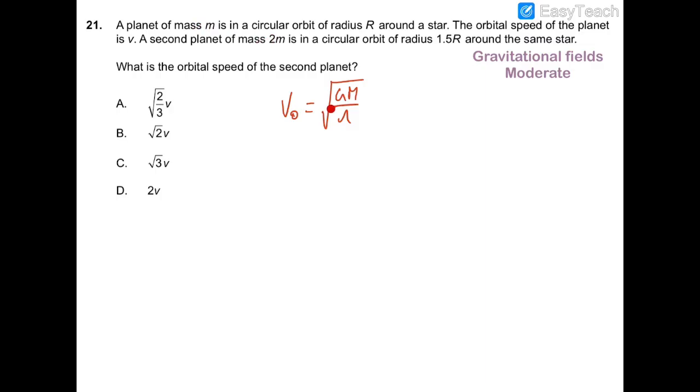But the radius of the second orbit is 1.5 r, so it is 3r by 2. So obviously the velocity of the second planet would be under root of 2 by 3 times v, because v is inversely proportional to root r. Okay, now let us move on to the next question.